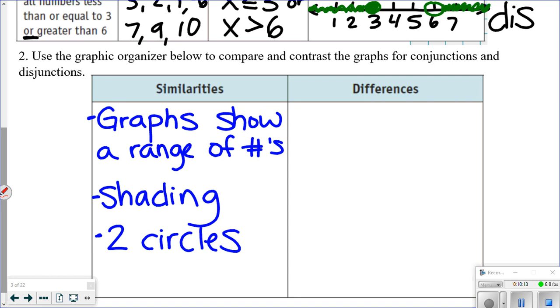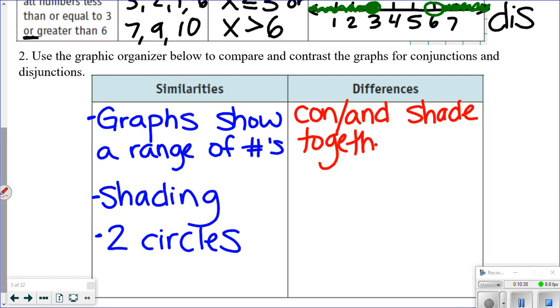What about a difference? The conjunctions, which is the and statement, shade together, or they shade in the middle. There's only one line segment on our graph.